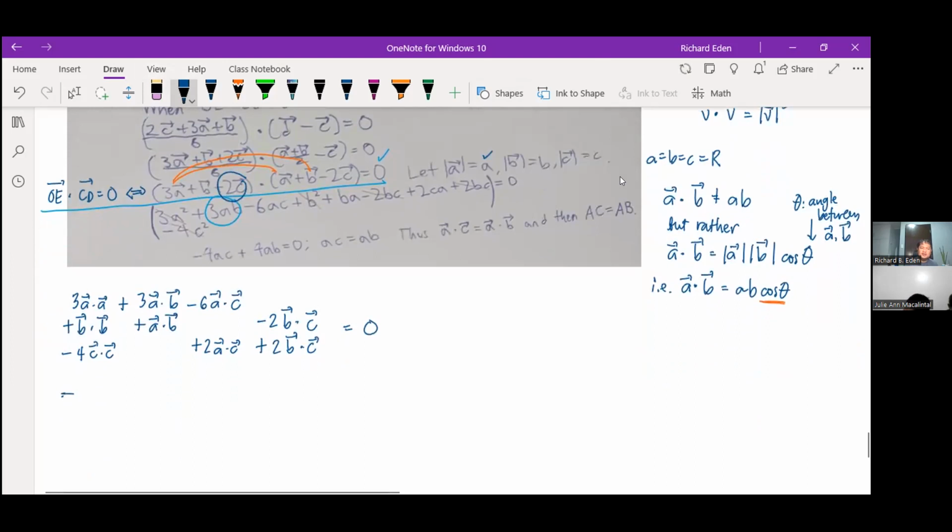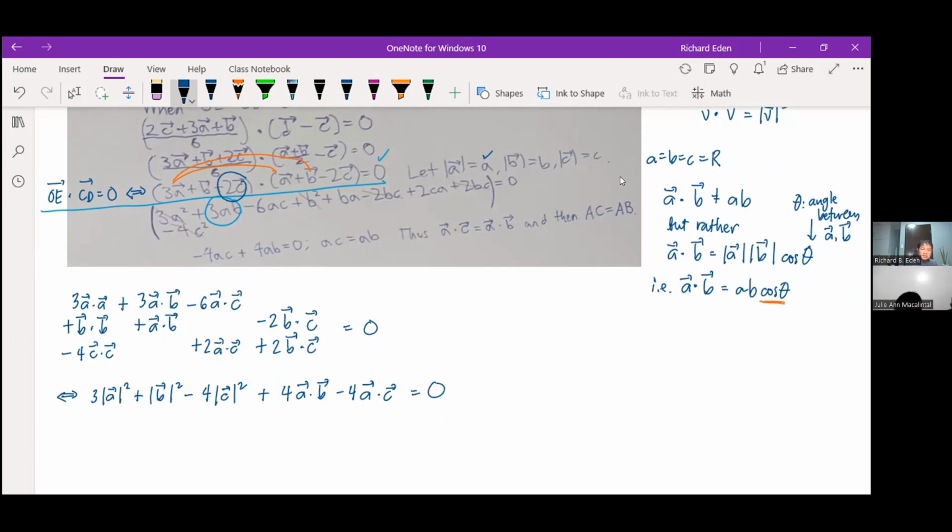And this is equivalent to, all right, 3A squared plus B squared minus 4C squared plus 4A dot B minus 4A dot C, and then minus 2B dot C plus 2B dot C is equal to 0.